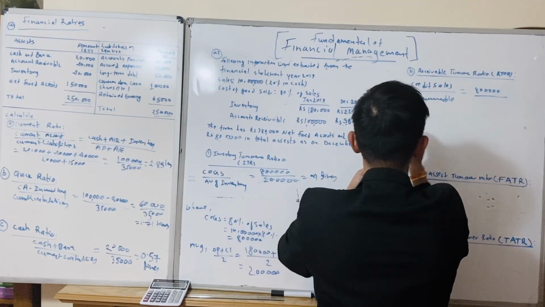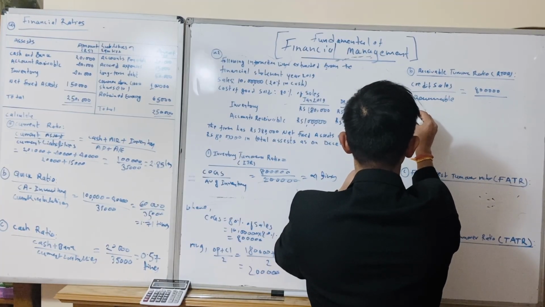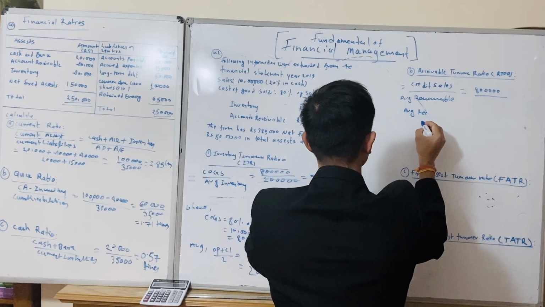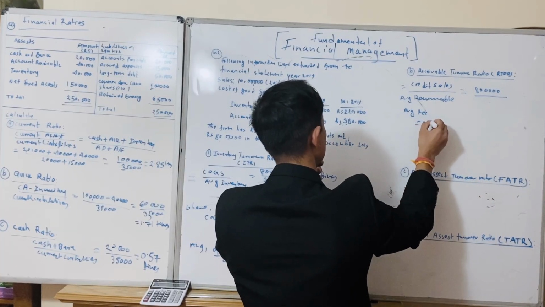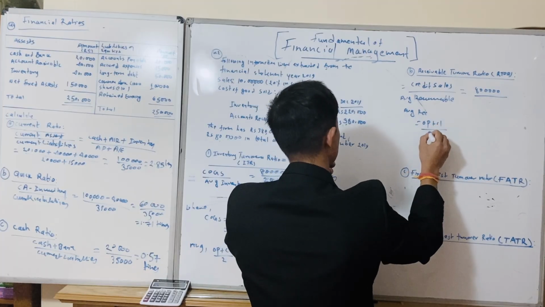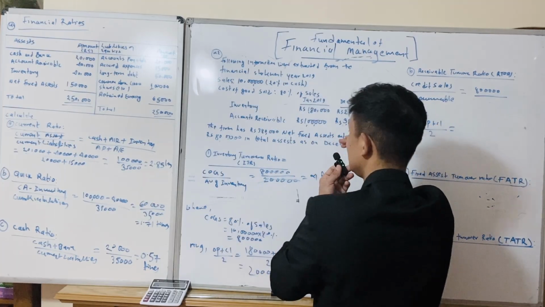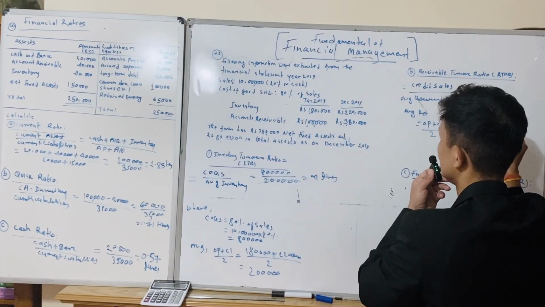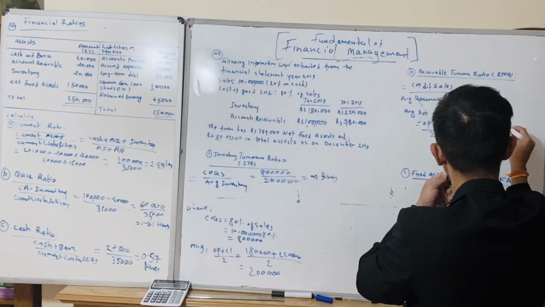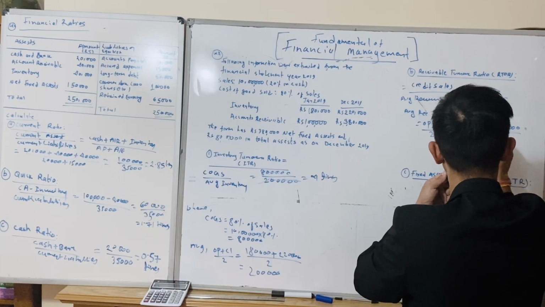To calculate the average receivable, we need the opening receivables plus closing receivables divided by 2. The opening is 1 lakh 00,000, then closing is given as 3 lakh 80,000, divided by 2.